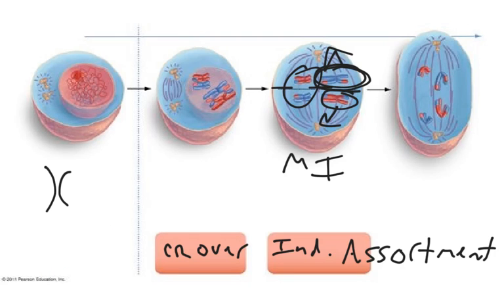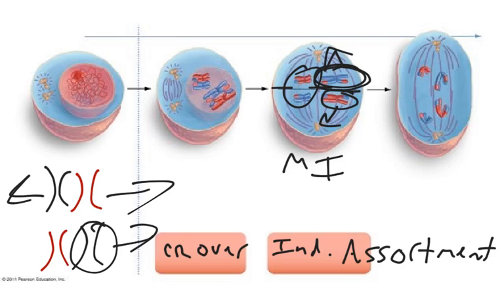Let me get different colors. They could line up like this, and these black ones could go this way, and those that way. Or they could line up the other way, and the red could go that way, and the black could go that way. So you can get a variety of variations on which way the chromosomes separate.